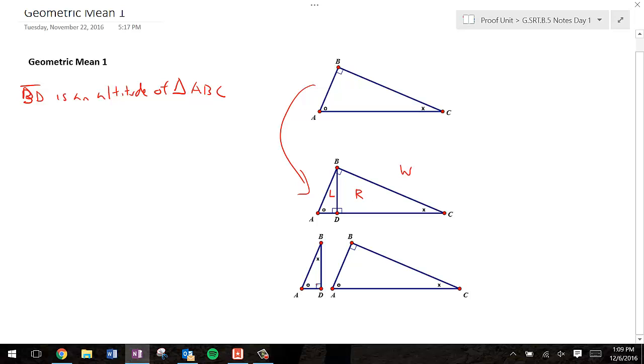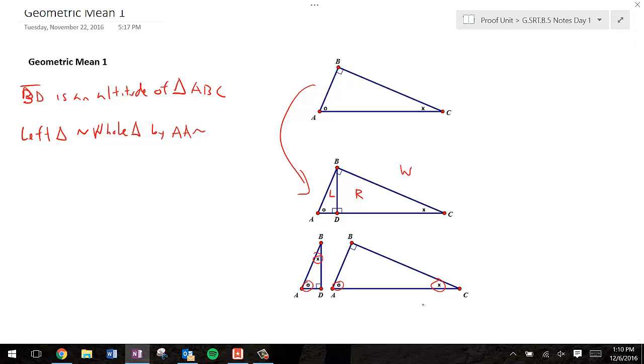As we saw when we proved the Pythagorean theorem, our left triangle is similar to our whole triangle by angle similarity. If we notice in our picture, they both share the congruent angles here, our circle, our x, and our right angle. So we have enough to say that they are similar by angle.